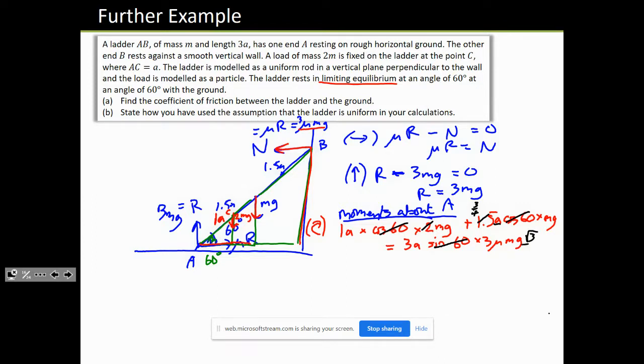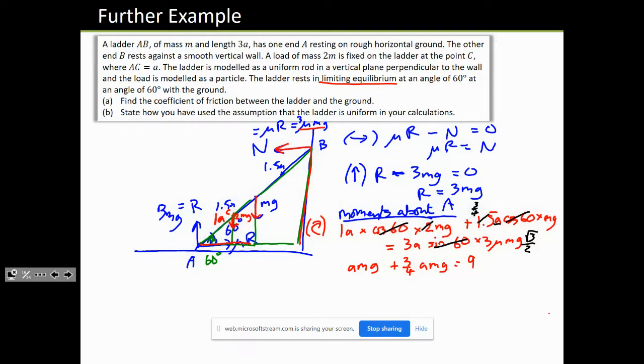If I write all of this out a little bit simpler, I've got 1a times mg, so I've got a mg. Then I've got 3/4 a mg, so plus 3/4 a mg. And then on the right-hand side, I've got 3a times 3, so that's 9a times mu, so 9a mu mg.